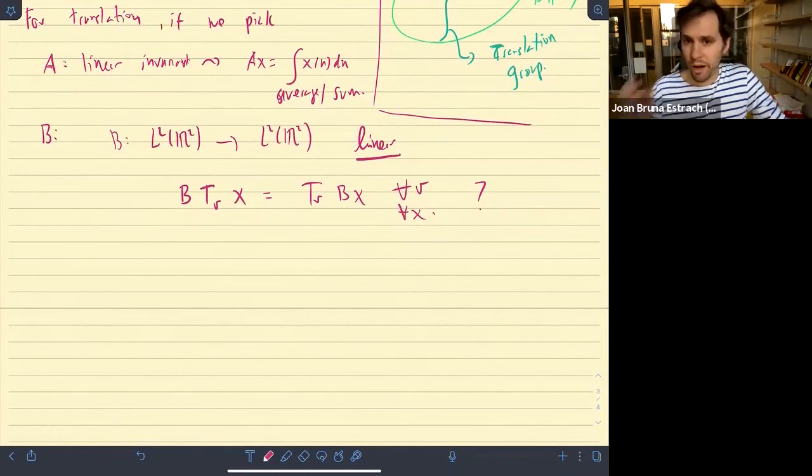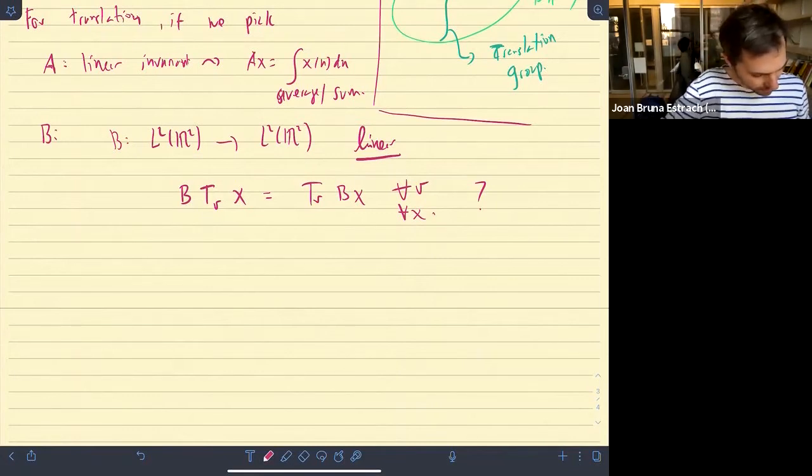We know that two operators commute if they share the same eigenvectors. So what are the eigenvectors of the translation group? Anyone remembers?